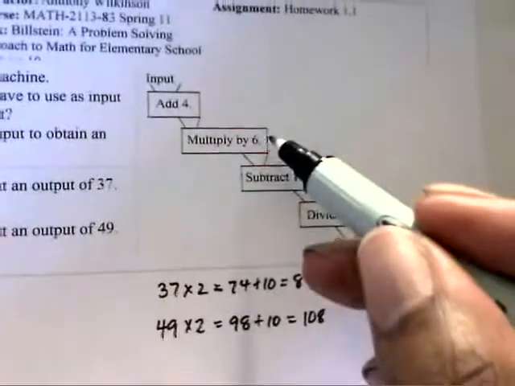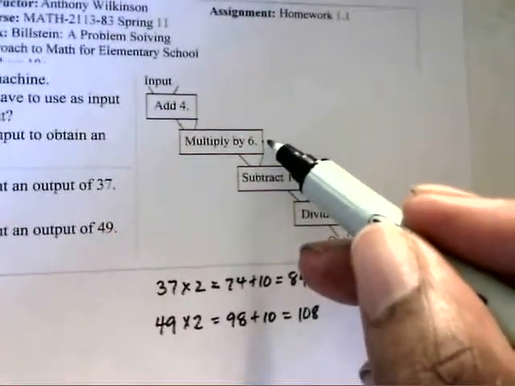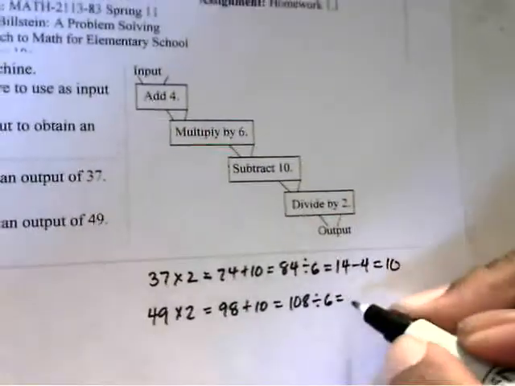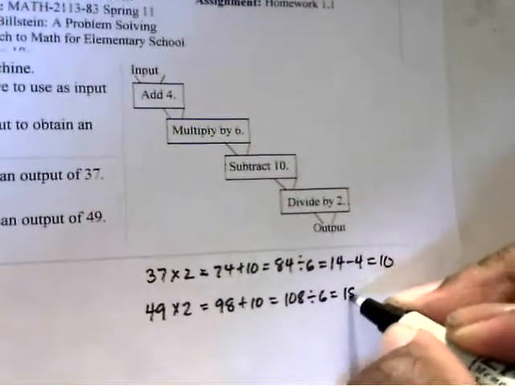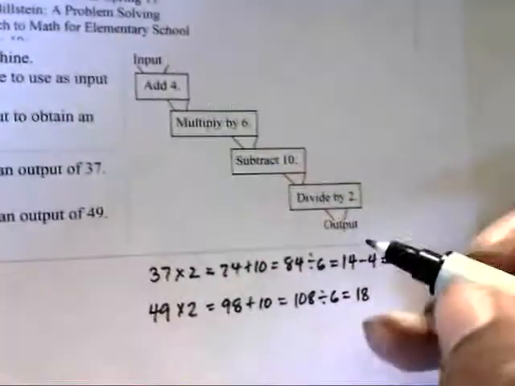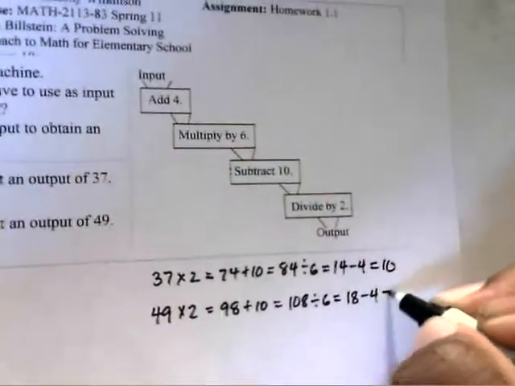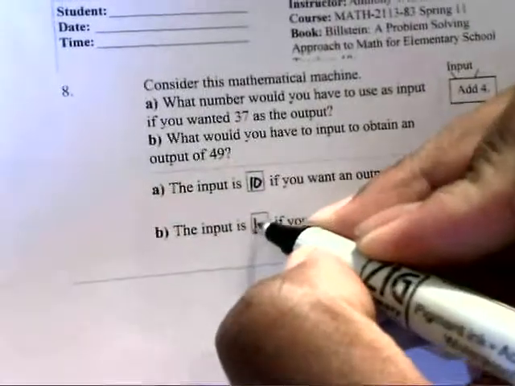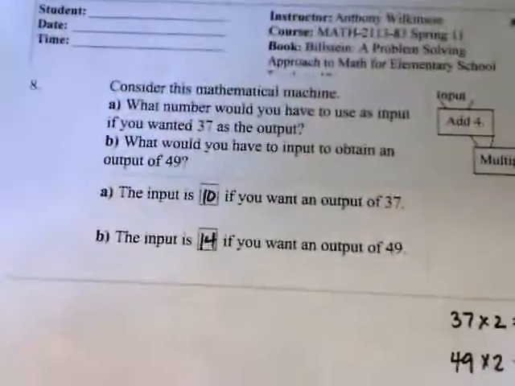And then multiply by 6. That means we have to divide by 6 to get, I think, 18. And then we added 4 to get the 18, so we have to subtract 4 to get 14. So the input had to be 14 for us to obtain an output of 49.